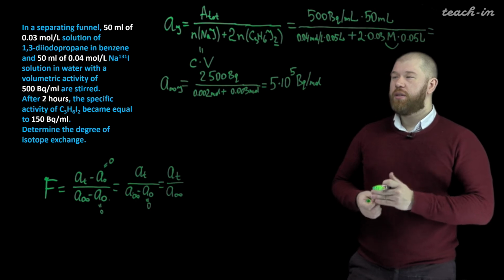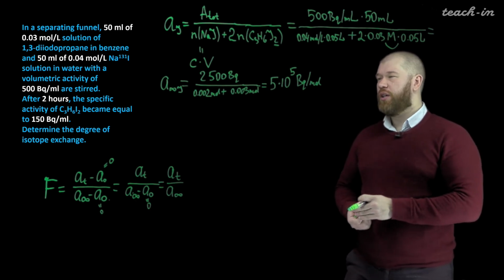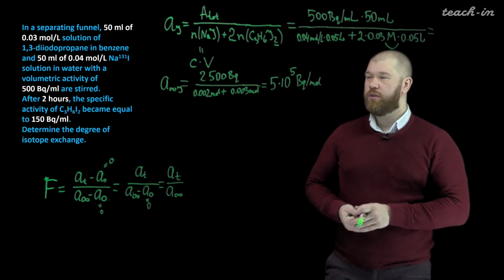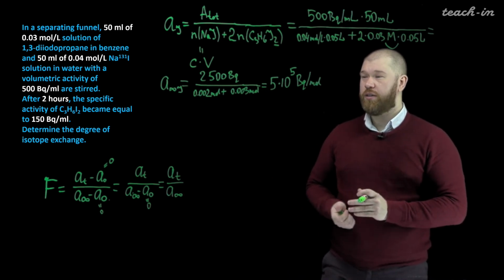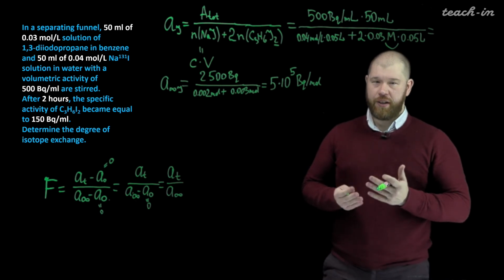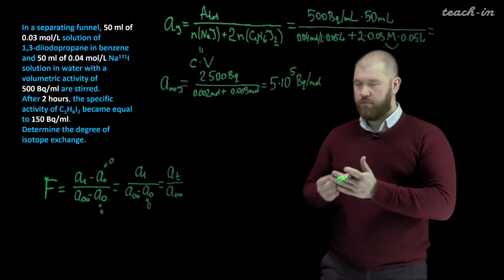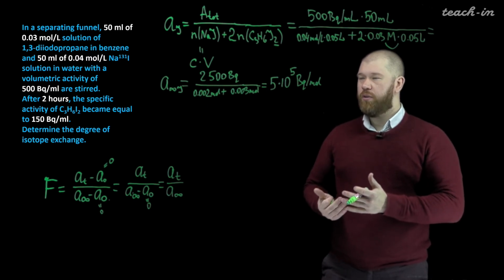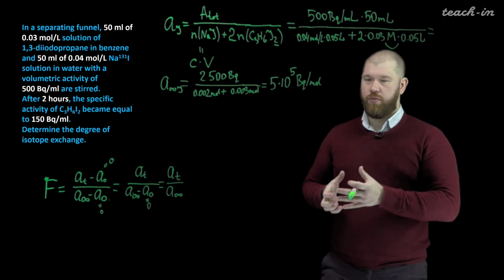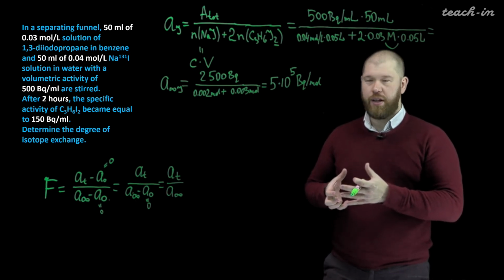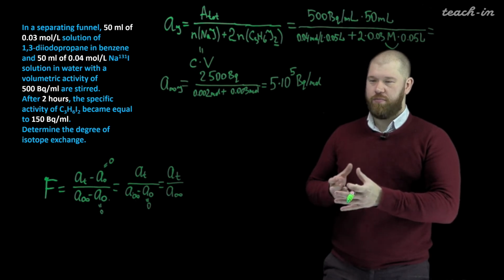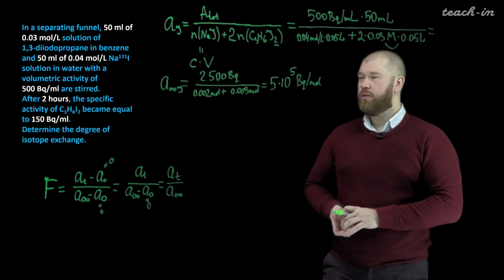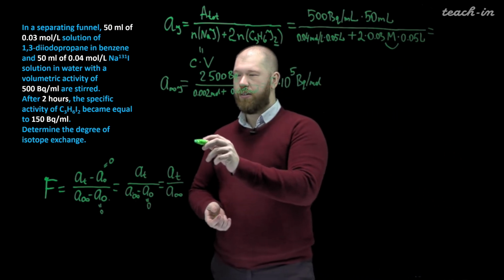Okay, now we know the specific activity of iodine atoms in the system when the equilibrium will be reached. What will be the specific activity of diisopropane in the system after the reaching of equilibrium? Again, it is rather simple. The specific activity of our compound will be equal to the fraction of iodine atoms that belong to this compound related to the whole number of atoms of iodine in the system.